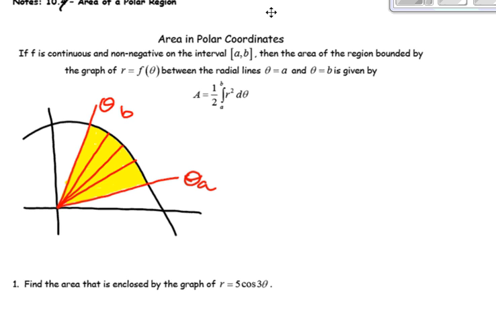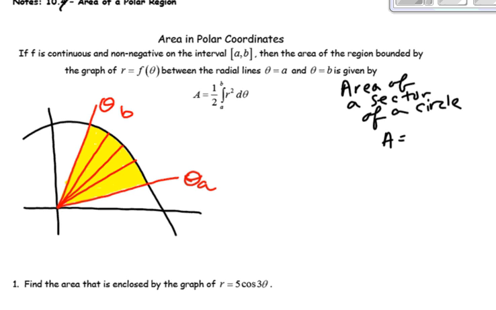So think polar, the natural graphs in polar are circles. If we think back to the area of a sector of a circle, and it's okay if you've forgotten, the area of a sector of a circle, which you probably learned in geometry, is 1/2 theta r squared.